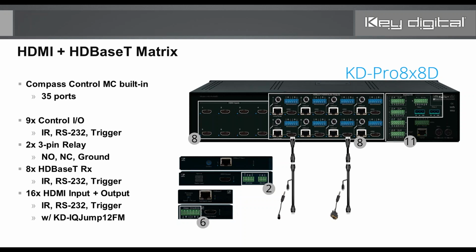This is a 35-port control system where you have 11 control I/O ports, 9 of which are IR, bidirectional RS-232 or voltage triggers. You have 2 3-pin relays. You have your 8 HDBaseT receives, 2 long range and 6 short range that are IR or RS-232, voltage triggering as well.